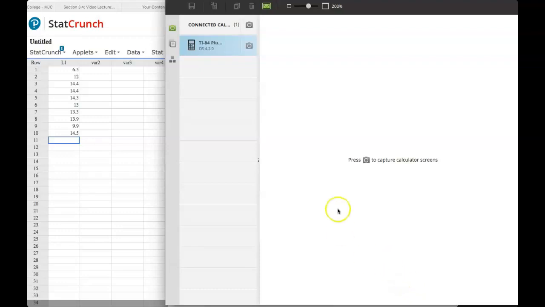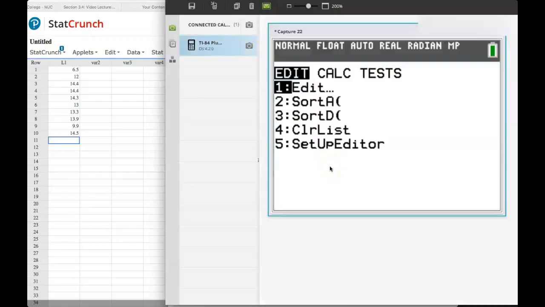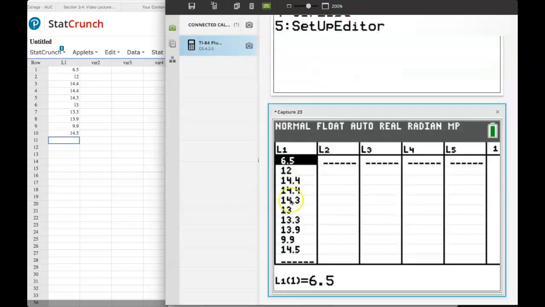Steps are exactly the same. First, press that. We have this one. Then choosing the first, Edit, enter your data in L1, one column. We have 10 numbers here because we have 10 credit card users.